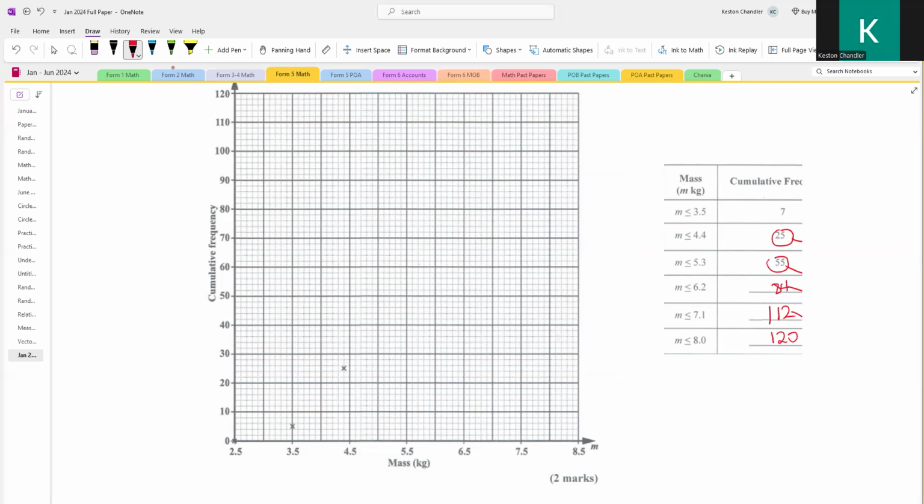You see there? Then 5.3. Right? So 5.3, this is 5 in the middle here, so 5.3 is 1, 2, 3. This line here is 5.3. So we're doing 5.3 and 55. This is 50, this is 40, so 55 will be somewhere in the middle here. Right? So check me out here.